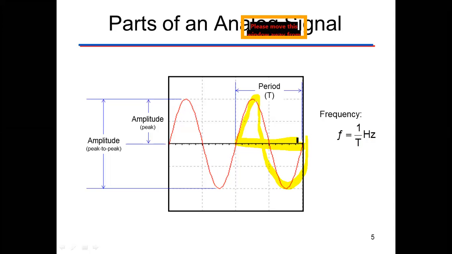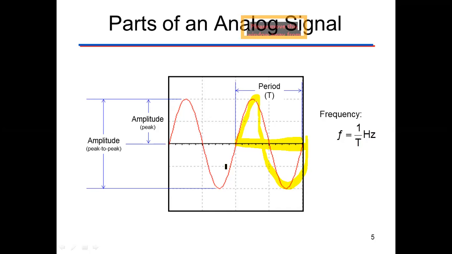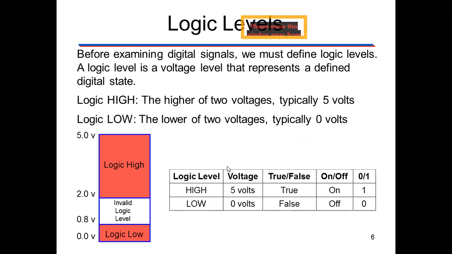We call that T. So when we take 1 and divide it by the length of that wave, it will give us the frequency in hertz. So that will give us the frequency in hertz whenever we take 1 and divide it by the period.